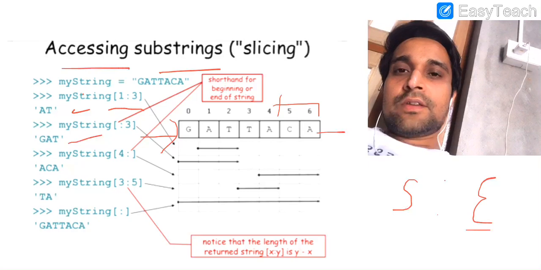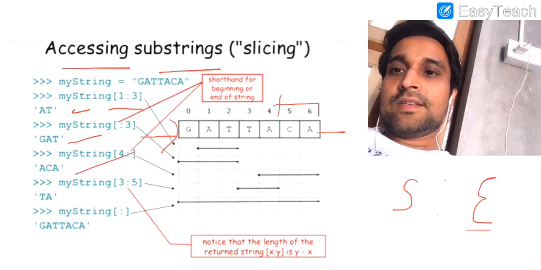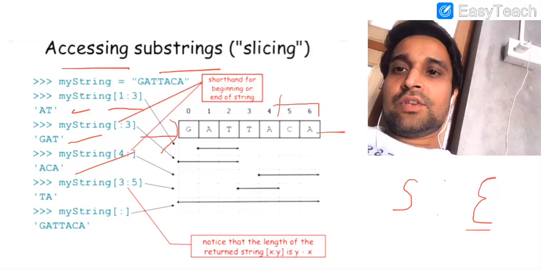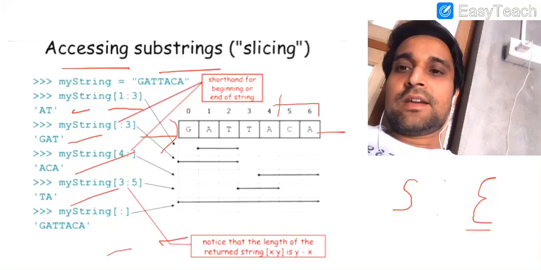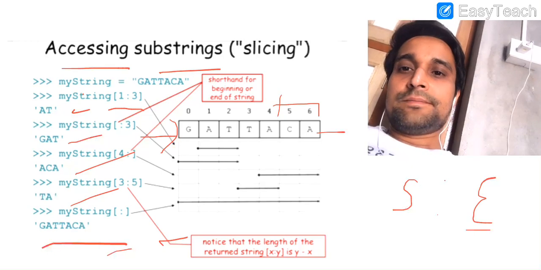So we get the result ACA. Thereafter we have written 3:5, the values at index 3 and 4, that is T and A. Thereafter we have written my string :, where we have specified neither the starting nor the ending. Then it will return the complete string.